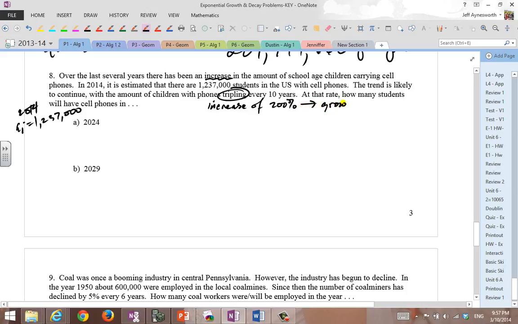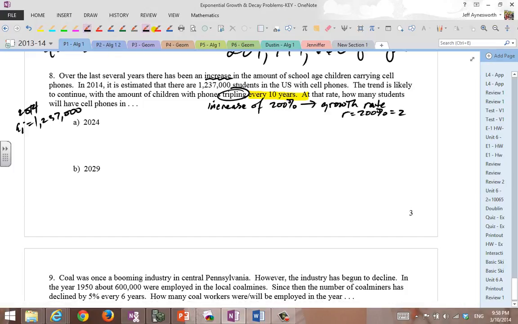So the growth rate, R, is 200% or equal to 2. And so when I add 1 plus R, I get 3, which is the tripling, okay?